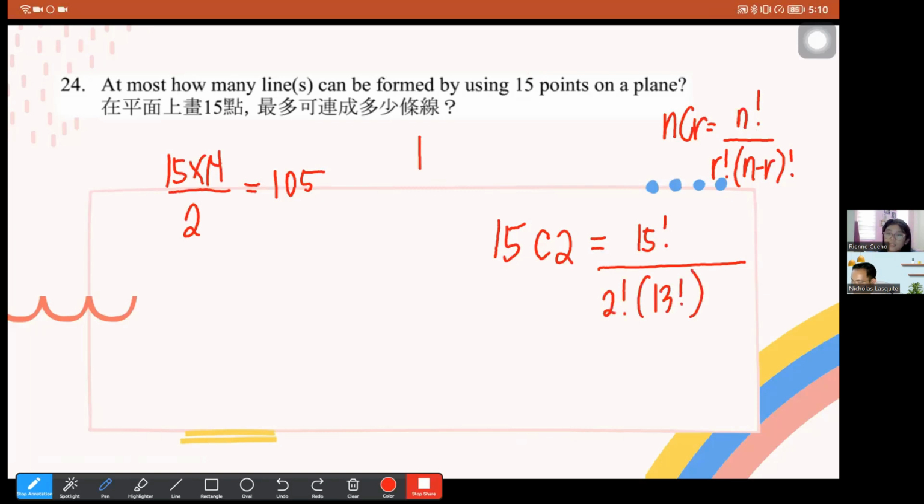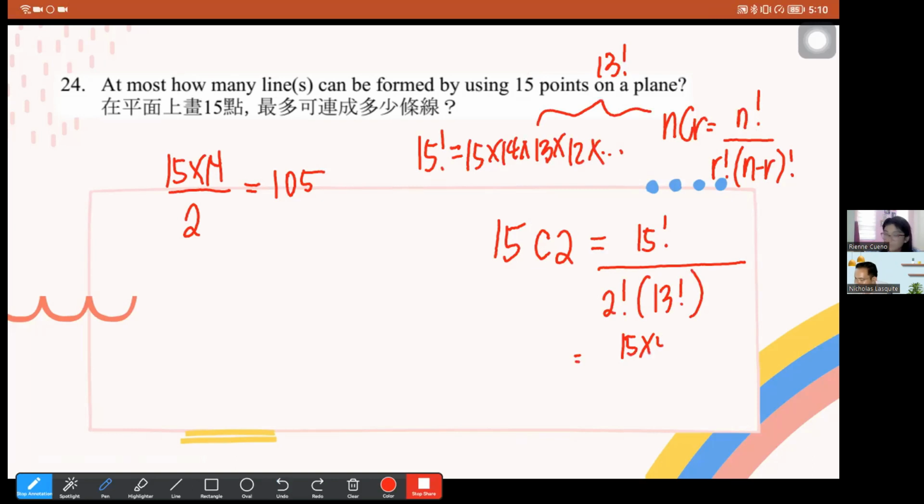And 15 factorial is equal to 15 times 14 times 13 factorial, so we can cancel the 13 factorial.